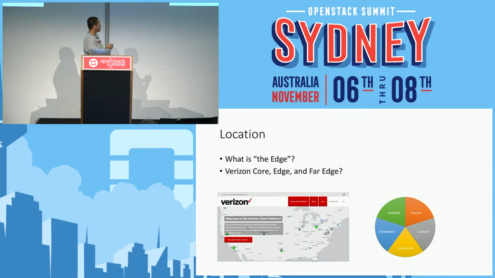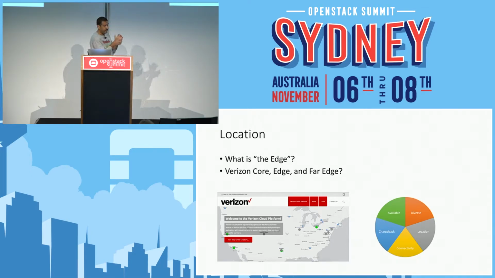We have locations in, the color code indicates the kind of site which is physically located there. We have different kinds of sites. But we also have, like I mentioned, a site right here in Sydney. We have locations in India. We have locations in Europe and so on. So we have presences physically in a lot of parts of a lot of geographies.